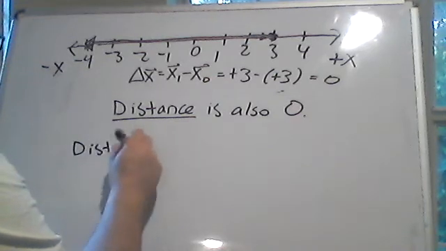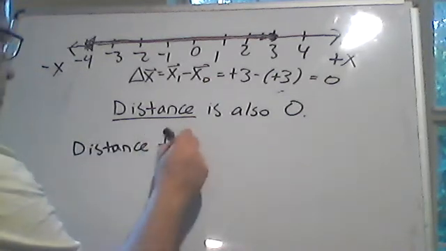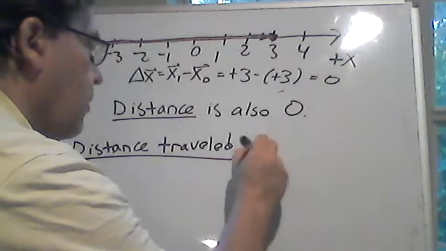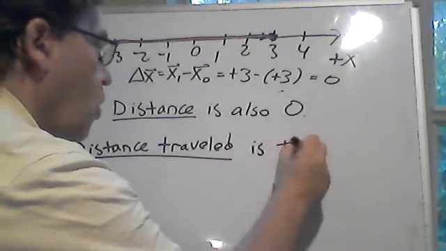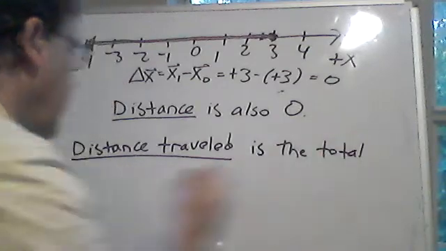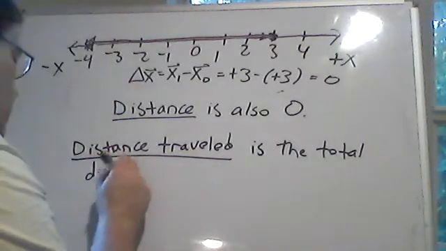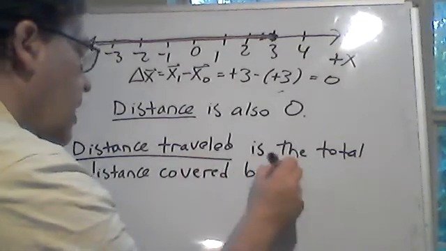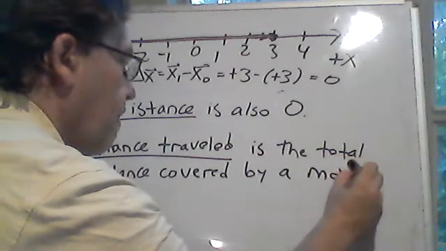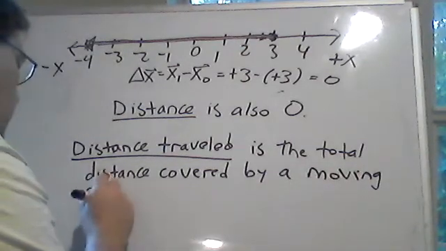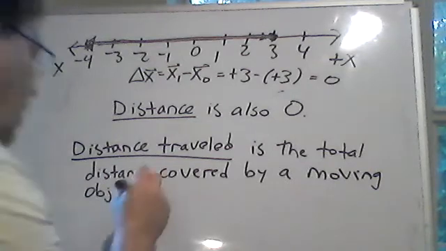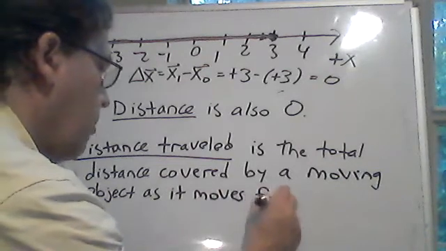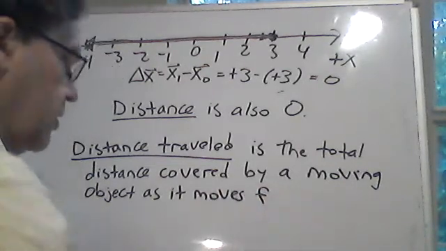Distance traveled is the total distance covered by a moving object as it moves from x0 to x1, for instance.